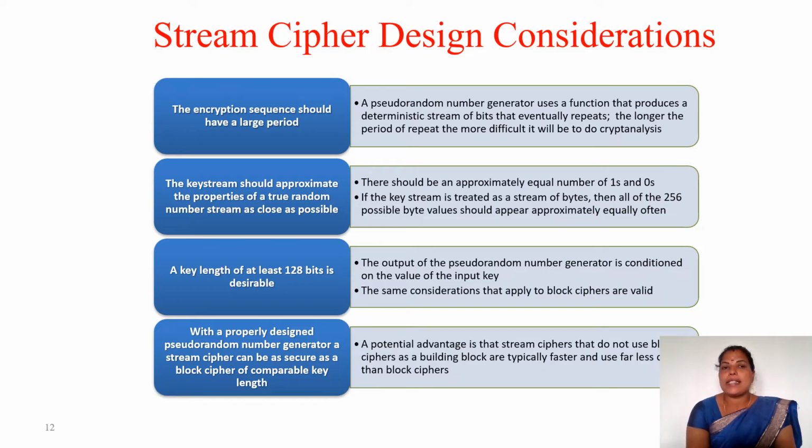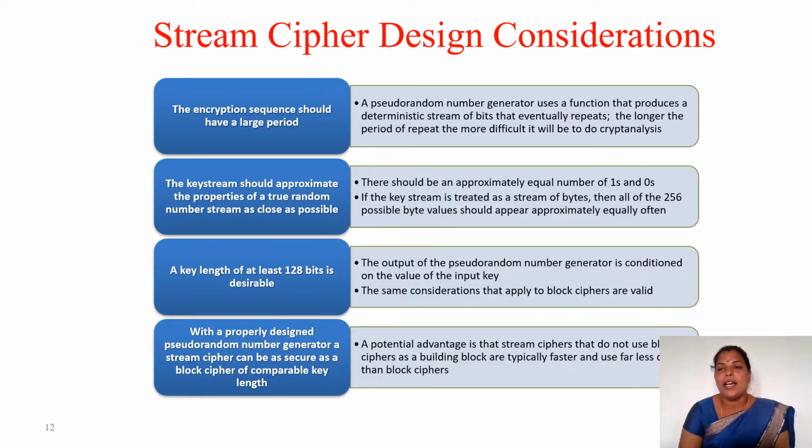Some of the design considerations for the stream cipher include that the encryption sequence should have a large period. For example, if a pseudo random number generator uses a function that produces a deterministic stream of bits that eventually repeats, the longer the period of repeat, the more difficult it will be to do the cryptanalysis.